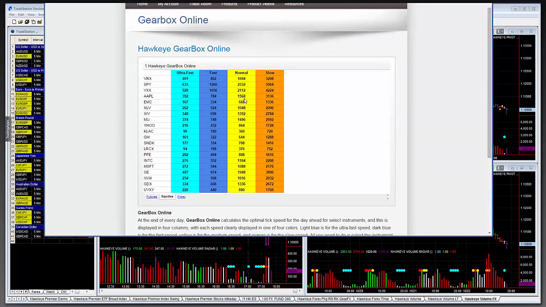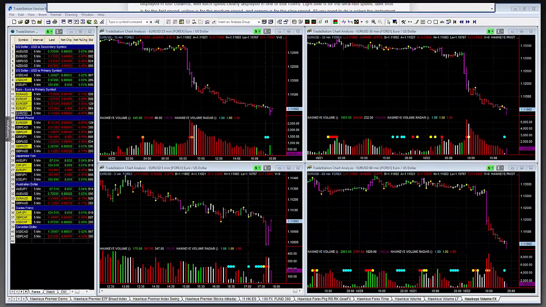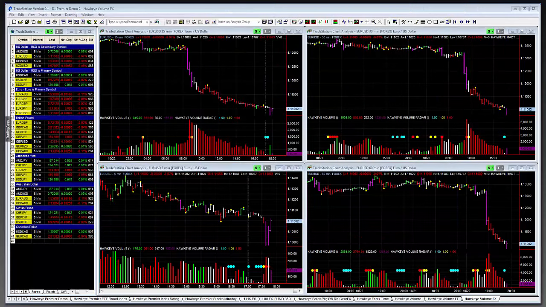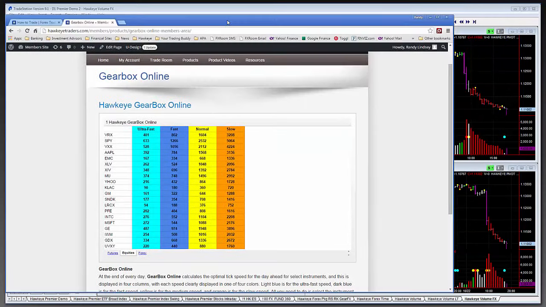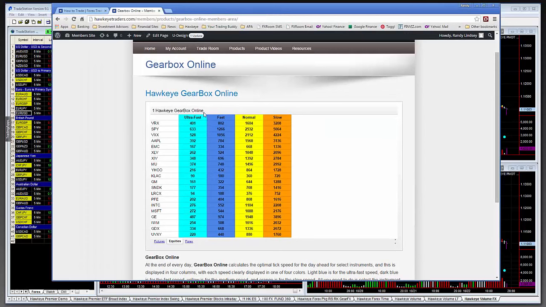392, 784, 1568, and 3136. And then you just trade like you normally would, using the primary charts to trade from are your fast chart. If you're scalping, you use the cyan colors, but for your primary trading, this would be your fast chart. This is your primary trade chart. Then you confirm volume on your second time frame, and you confirm volume on your third time frame.